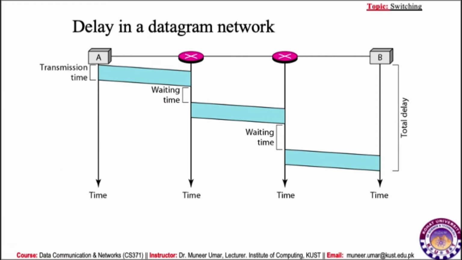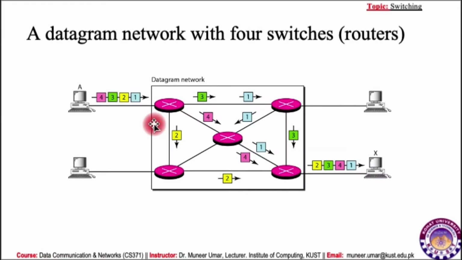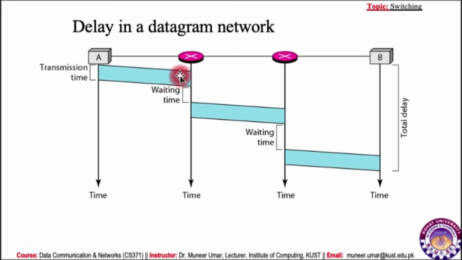Here, if we look into this diagram, the packets may travel through different routers, so the wait time would also be different for different paths at the routers. There are three transmission times, 3T, three propagation delays, and two waiting times.